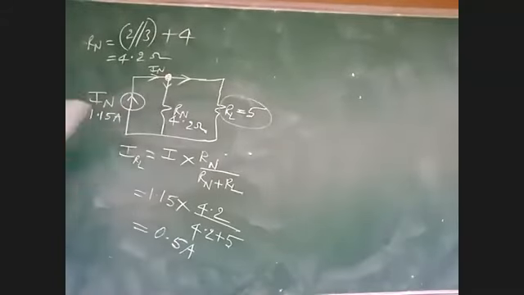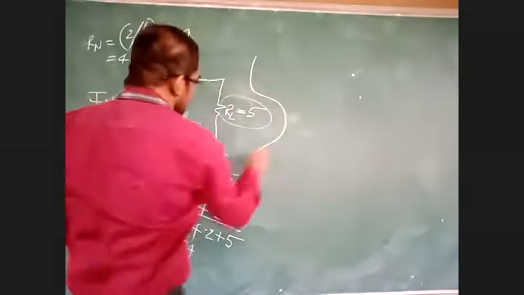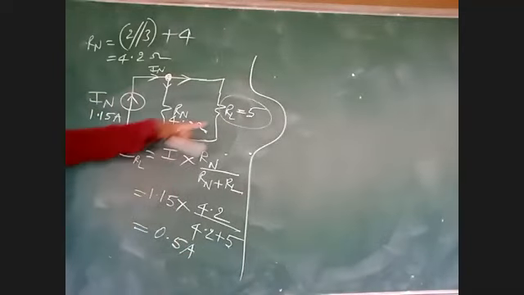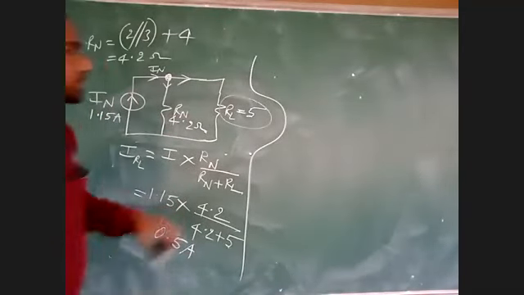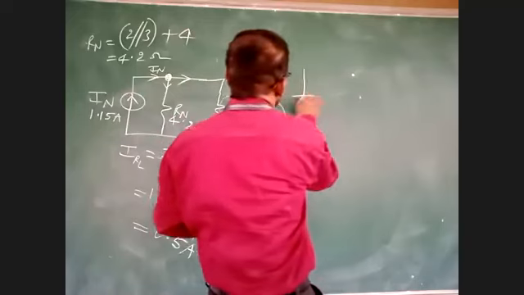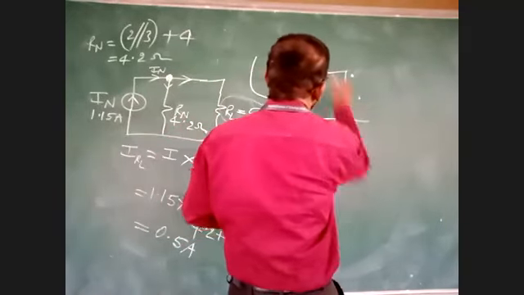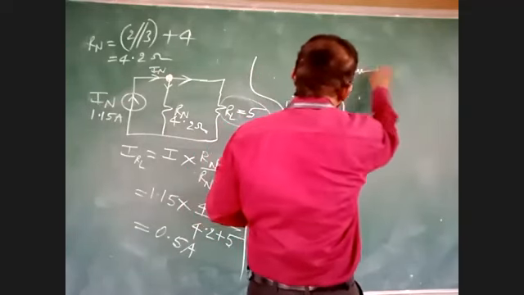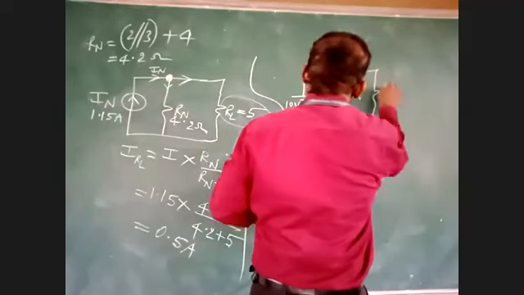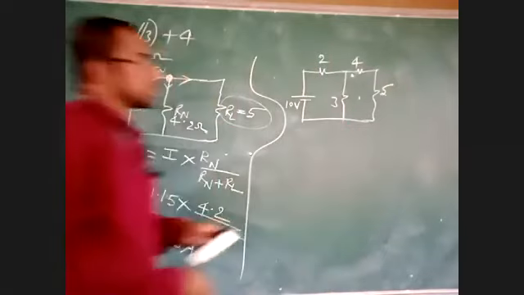Now I will verify whether this answer is correct or not. By using the theorem, I have determined the current in 5 ohms. Now, verification.